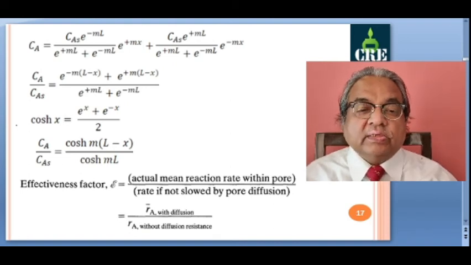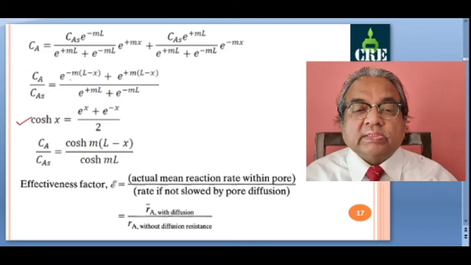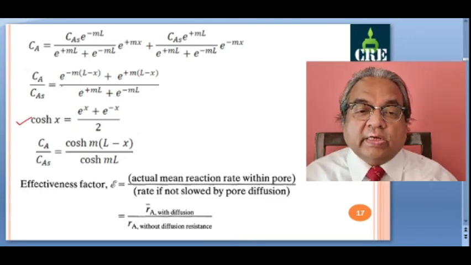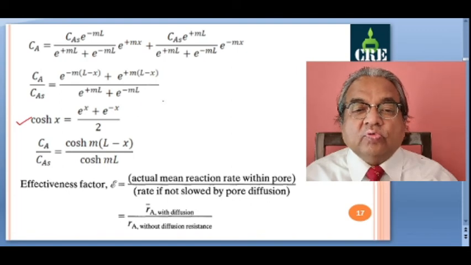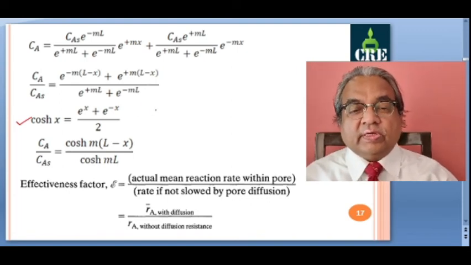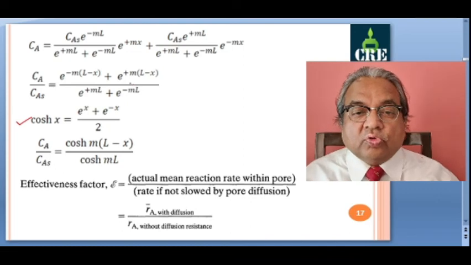Now the definition of hyperbolic function cos hyperbolic x is e raised to x plus e raised to minus x by 2. So we have here e raised to plus x, e raised to minus x, and we can write divided by 2 in the numerator and denominator, it will remain same. So this is x, m into L minus x. So cos hyperbolic m into L minus x we get from this, and here plus ml minus ml.